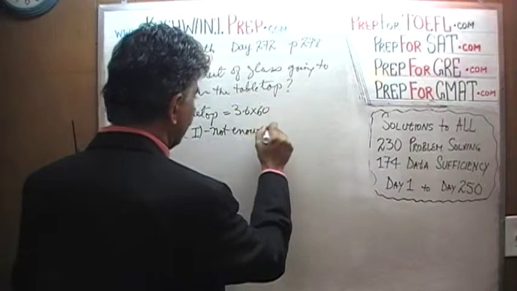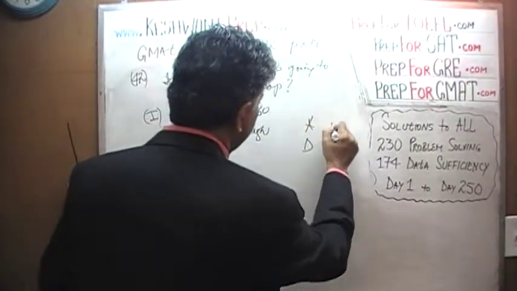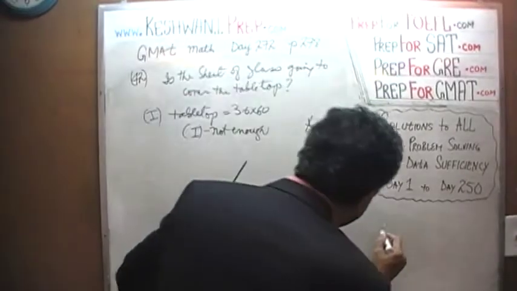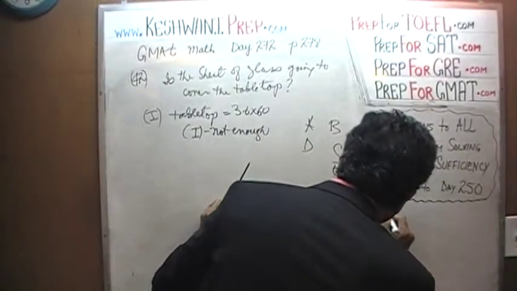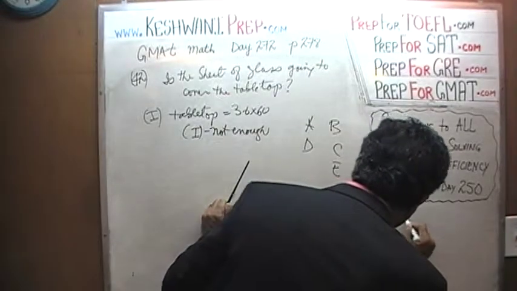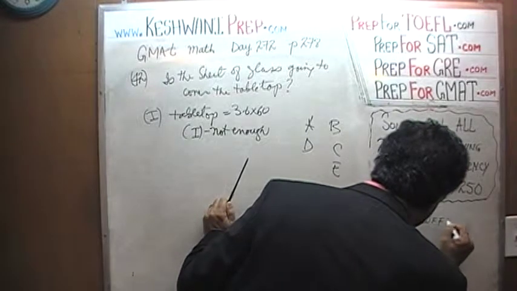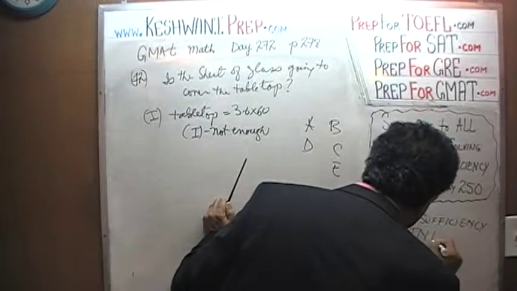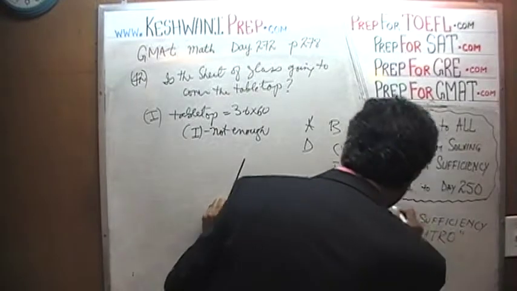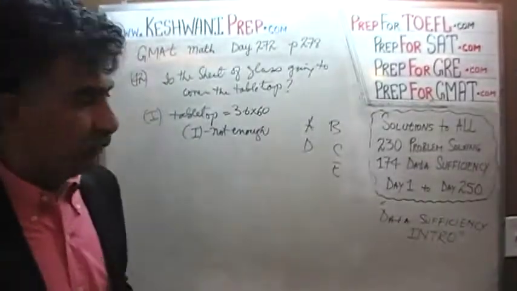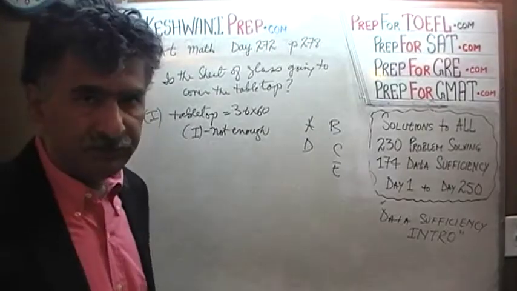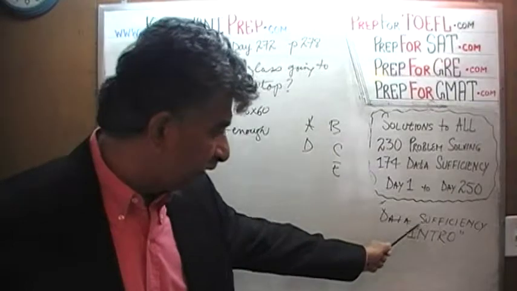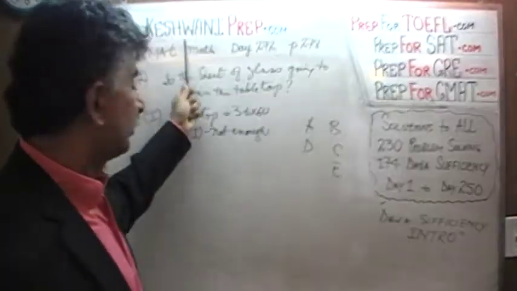It's not enough. A, D, B, C, E. If you still do not know what I'm doing here when I write down A, D, B, C, E, it's important that you watch this video. Just type in data sufficiency intro along with my name, Keshwani.